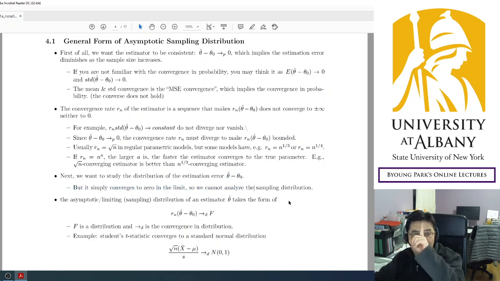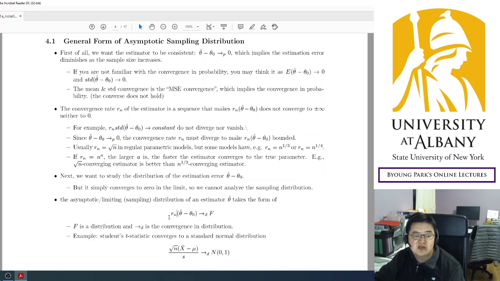It is a single point in the limit, so in the limit we cannot analyze anything. Anyhow, the error will converge to zero. Nothing more to say. To prevent that trivial result, we are going to multiply the convergence rate by the estimation error, so that the convergence rate times the estimation error has some kind of stable distribution in the limit.